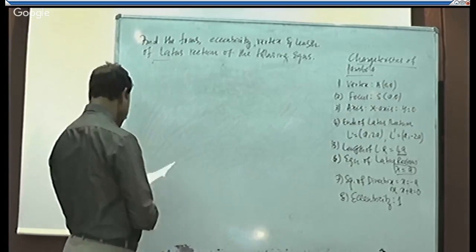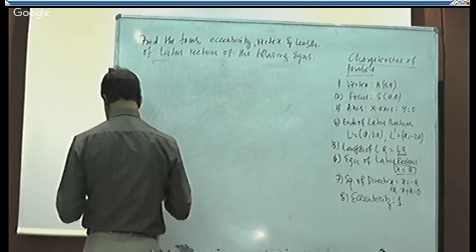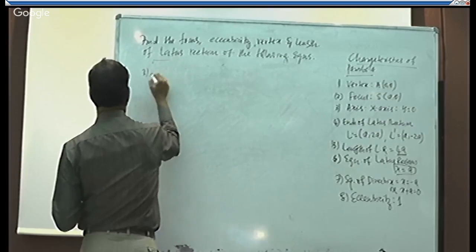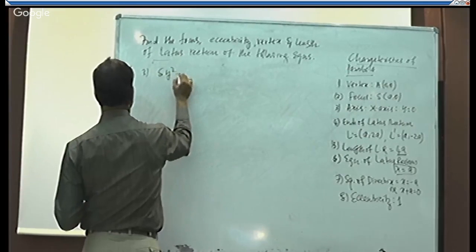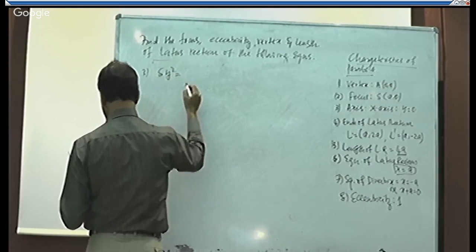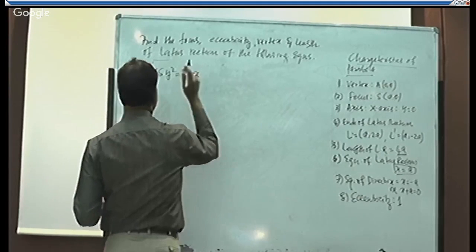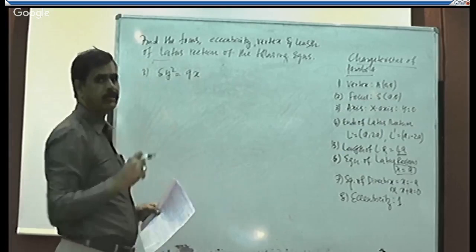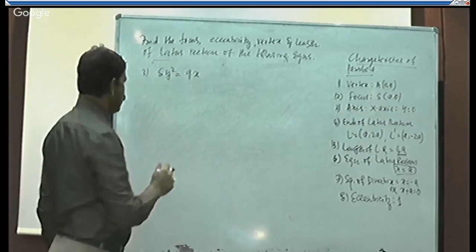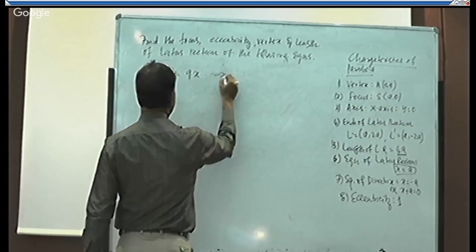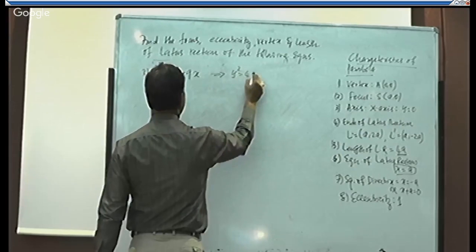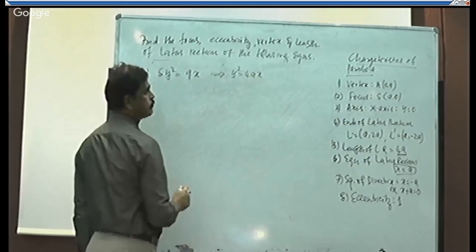The next problem is 5y square is equal to 9x. We have a standard form, y square is equal to 4ax.